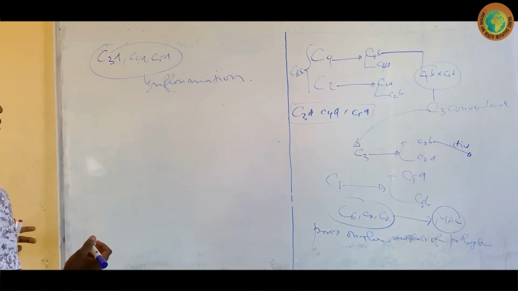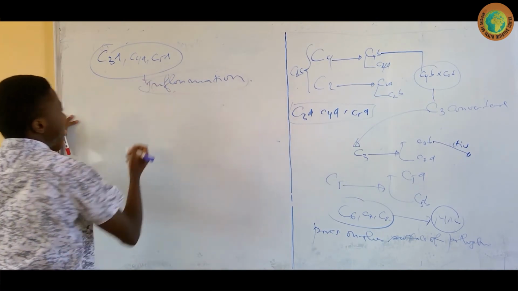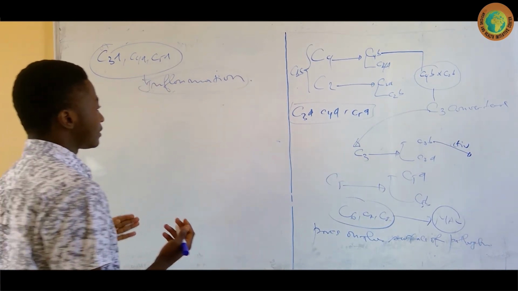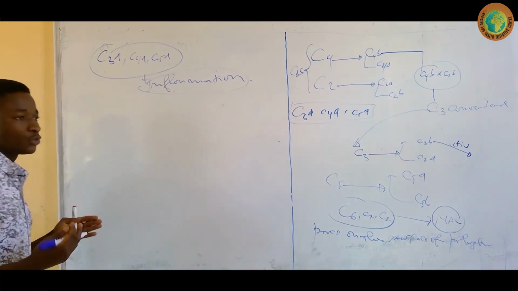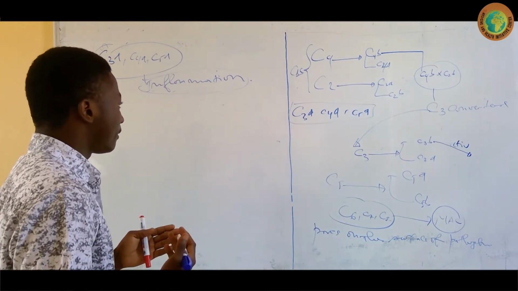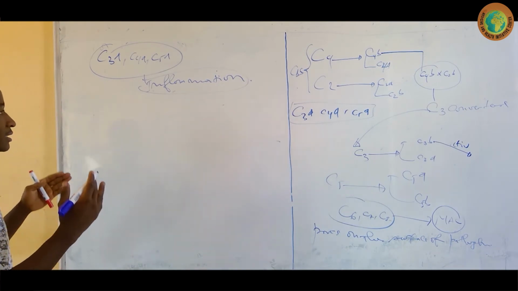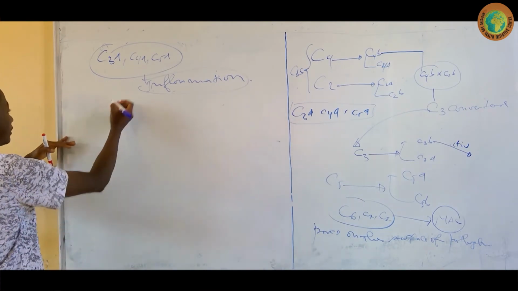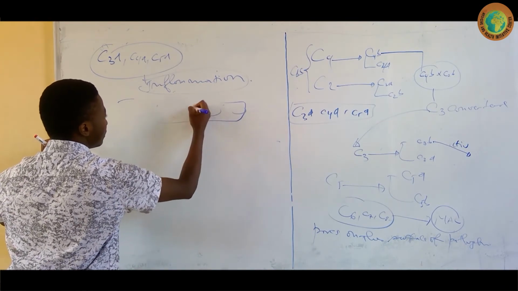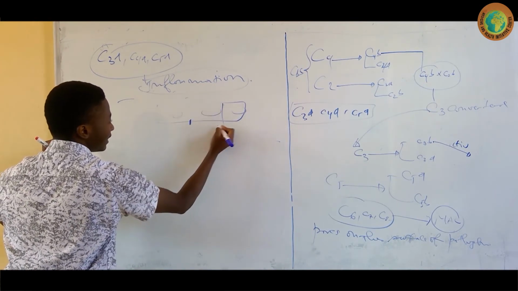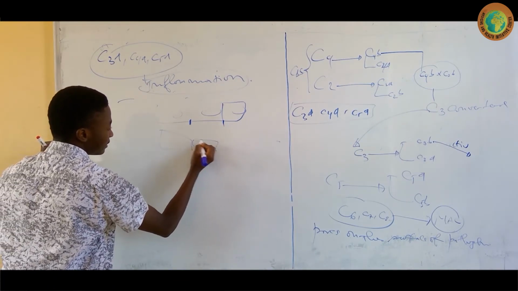So this inflammation will induce cellular permeability by increasing the leakage on the endothelial cells. So to increase the leakage, you just get a cell like this, on this part.